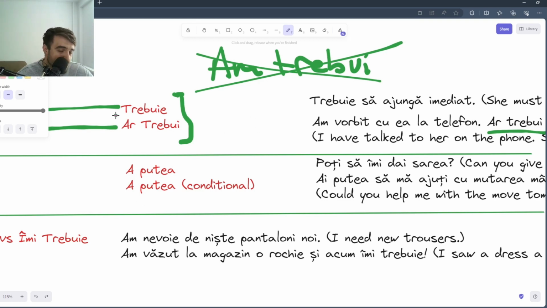With the second one, ar trebui, and ar putea, or ai putea, because this one you actually conjugate in conditional, you express the same kind of wish or desire, but less directly, so you are a bit more polite. That's kind of the idea overall with a conditional. You know, this is the 101.